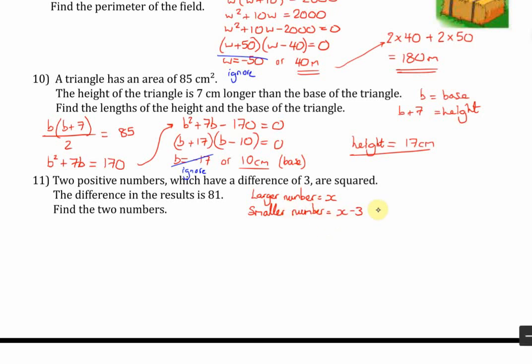So those numbers themselves are squared. So if I square this, that would give me x squared. And if I square this one, just going to think a little bit harder about this one, that would give me x squared minus 6x plus 9.